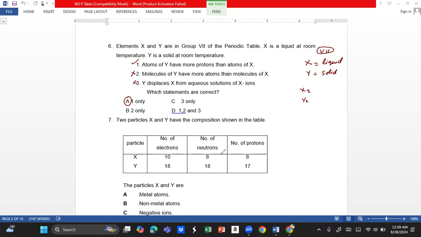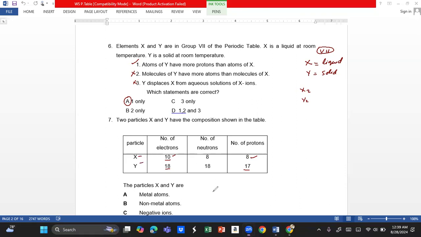If the electrons and protons are not equal, they are ions. X has 8 protons and 10 electrons, so it is an ion, a negative ion because it has 2 more than 8. It has accepted 2 electrons. Similarly, Y has proton number 17 and 18 electrons, so it has accepted 1 electron. So both are negative ions.